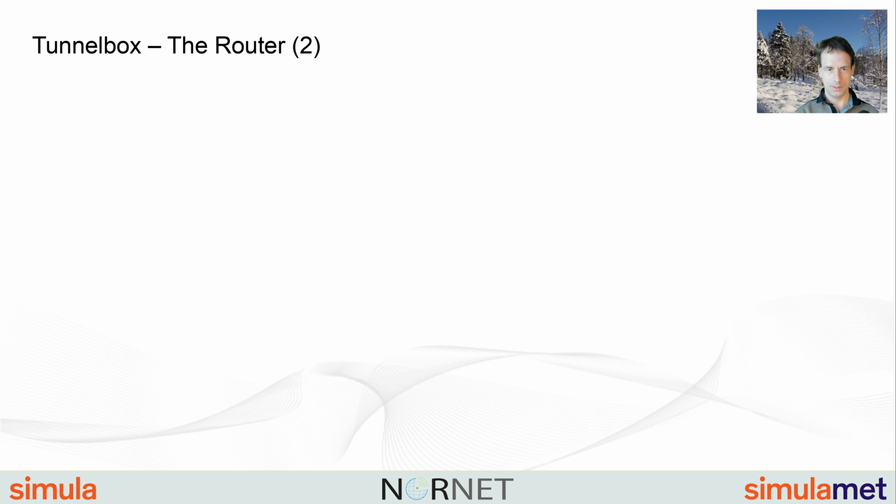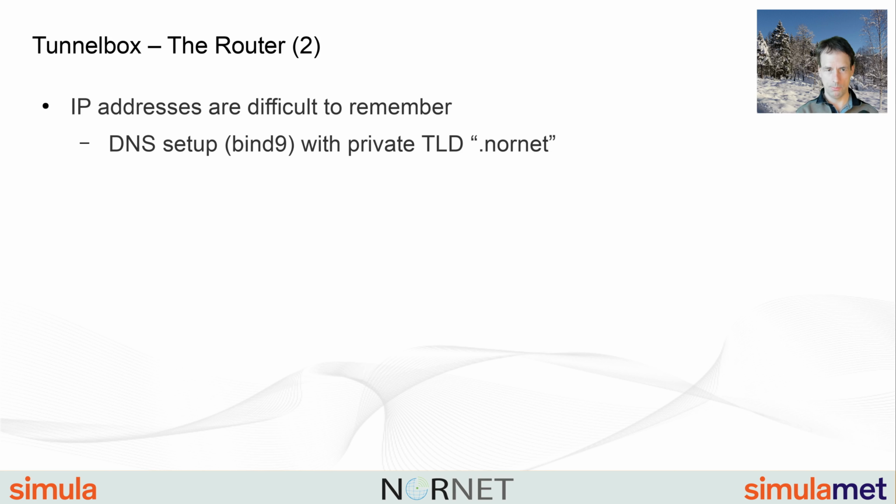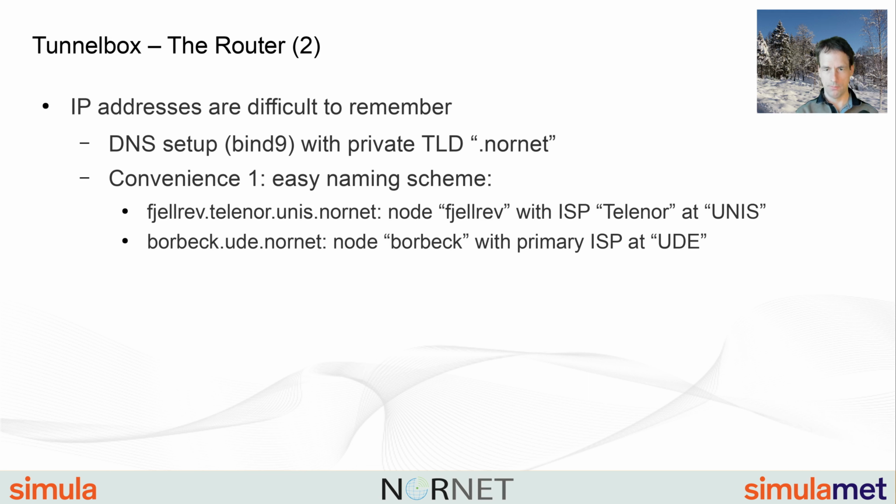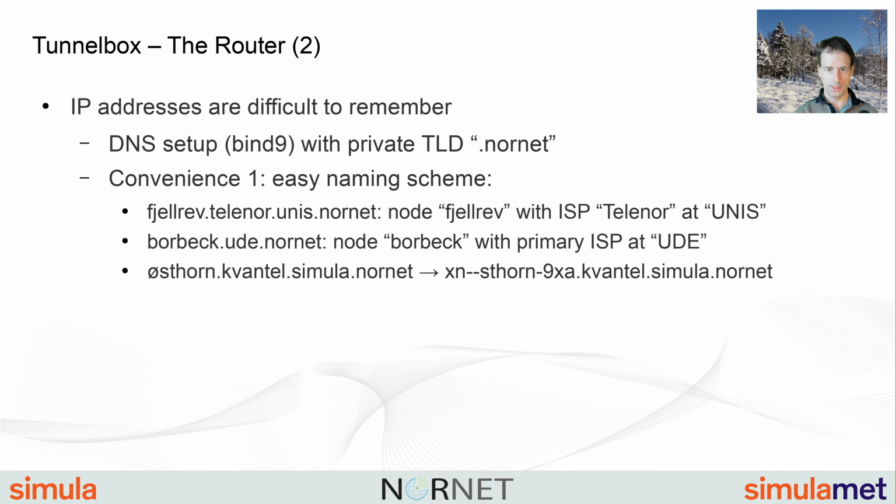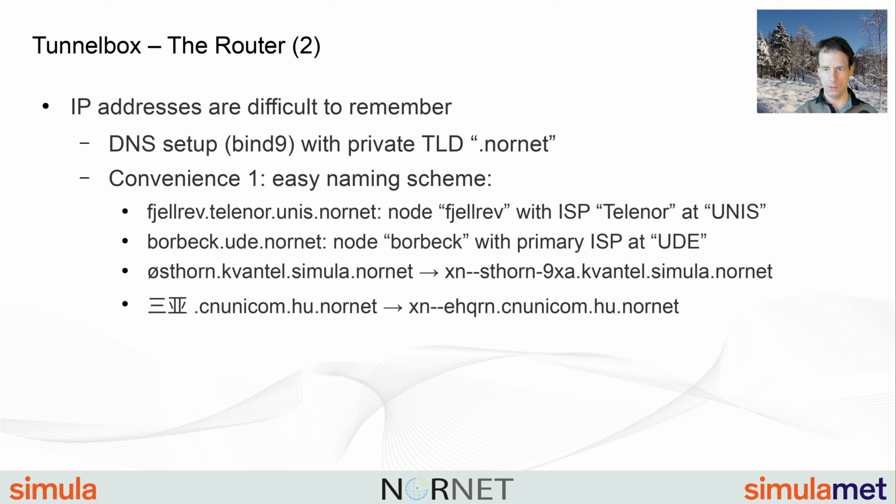So this is the tunnel box, and particularly we have now our nice addressing scheme, but IP addresses are difficult to remember, so it was then quite easy to also add our own DNS setup using bind with our private top-level domain .NorNet. So we can also name all our machines, and particularly also provide a reverse lookup of the names.